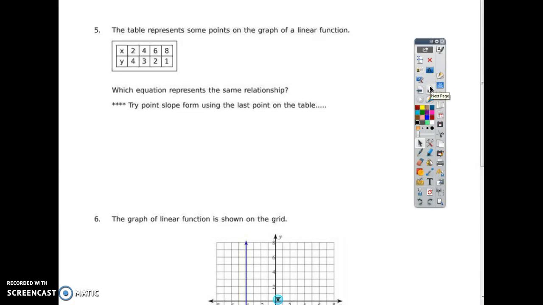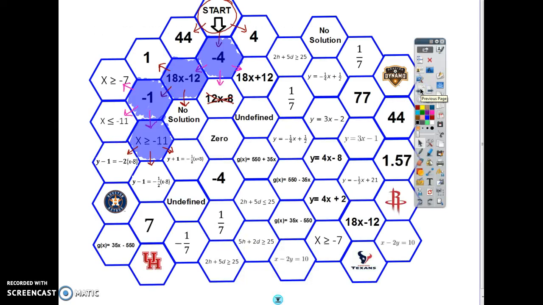See, it's a table. So I need 2 to give me 4, 4 to give me 3, 6 to give me 2, and 8 to give me 1 by using these answers. So which one do you want to start with? You want to start with this one? Let's type this one in first in Desmos, and then let's go look at that table and see if it gives us that.